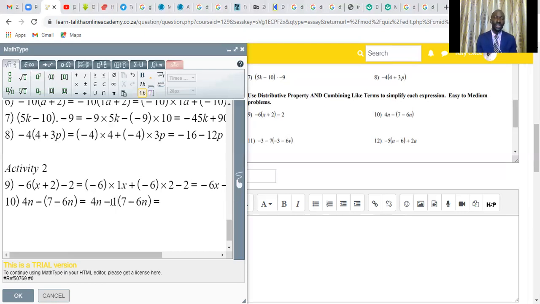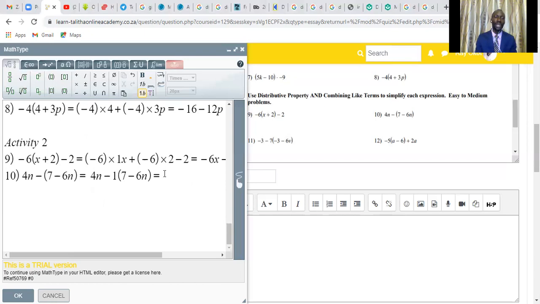Okay, so that it is easy to see that we are distributing negative 1 onto a 7 and negative 1 onto a 6n. Now that way we can get somewhere. And what is that? It's going to be 4n, which is the first term. Then we have minus. This one is to be distributed onto 7. So we have then 1 times what?